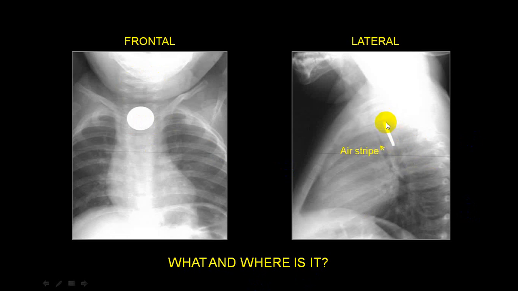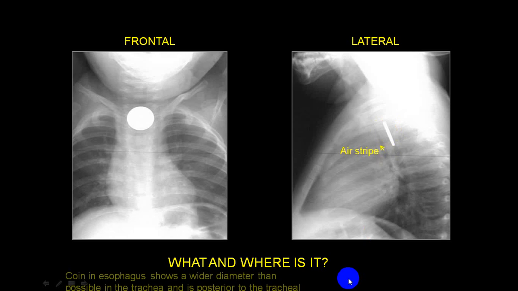Now this is a frontal view and this is a lateral view. You can see there is a big metallic material here. So what and where it is, if you want to find out, you should have a lateral view. Now this is the air strip and this is behind, so this has to be in the esophagus.